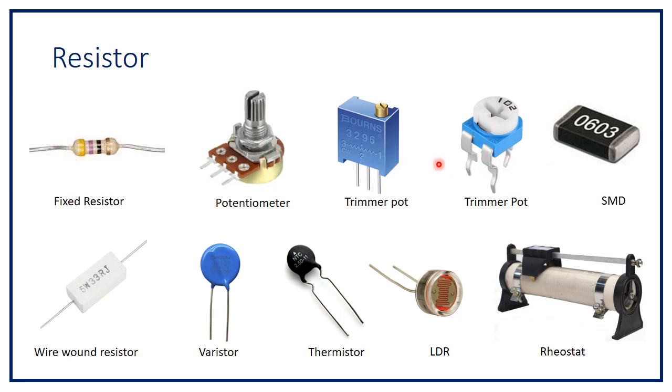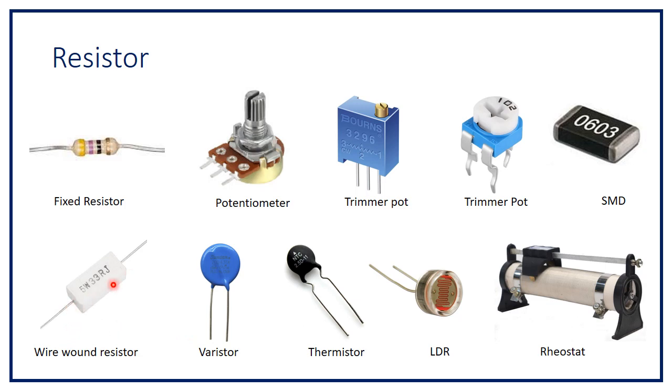So we can say these three are variable resistors, and the resistance of this trimmer pot changes when we rotate this screw. The value of this pot changes when we rotate this knob, or with the help of a screwdriver we can rotate this knob. This is an SMD resistor, surface mountable resistor.